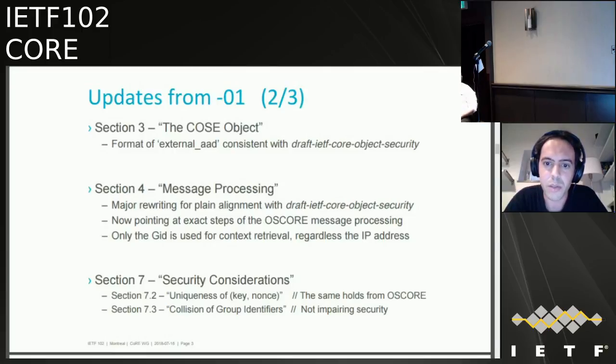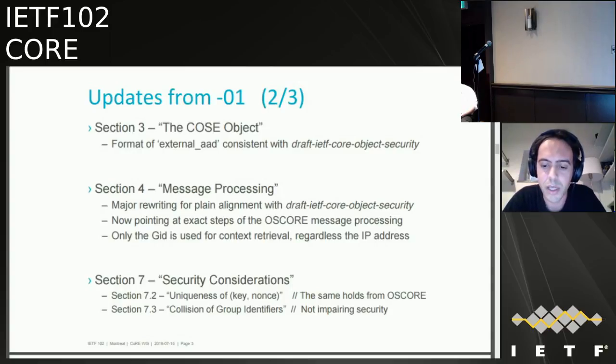And in this respect, also, by the way, following another thing we checked at the London meeting, the group security context now is retrieved only based on the group identifier. So in that sense, the IP address, possibly multicast, associated to the group is out of scope for the actual retrieval. And then we add to the security considerations section 2 new subsections.